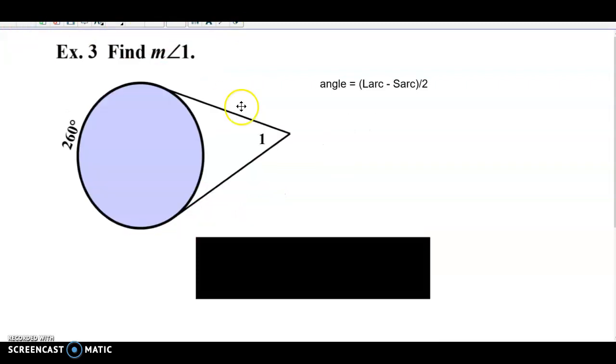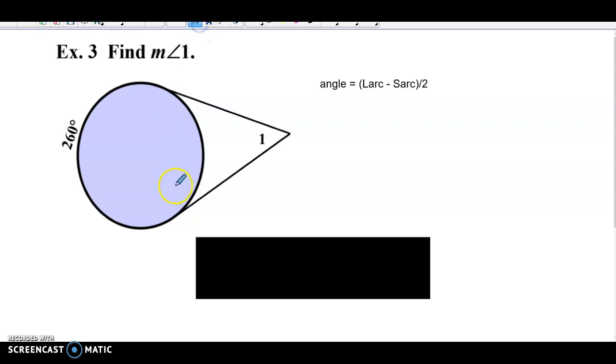Okay, so let's look at this one here. Now for this one, we have an angle on the outside and we have one arc measure. But if we remember from the video earlier this week, we know that the circle adds up to 360 degrees. And so therefore we know that these two arcs right here have to add up to 360.